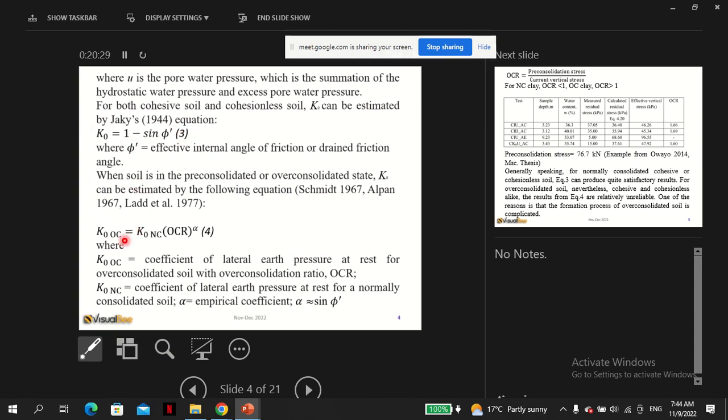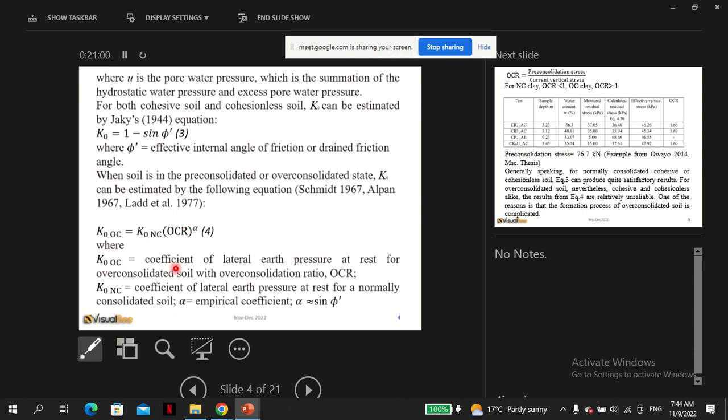Now for over consolidated, you have seen that the soils are not the same, the nature or the stress history is not the same. So for over consolidated clay, this is the K from the normally consolidated soil, which is estimated from here, with the OCR ratio, which I've shown you how to calculate.